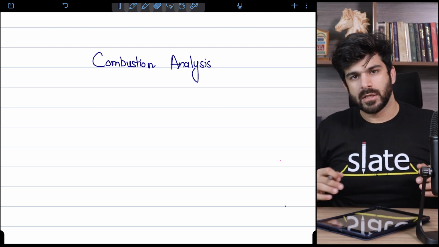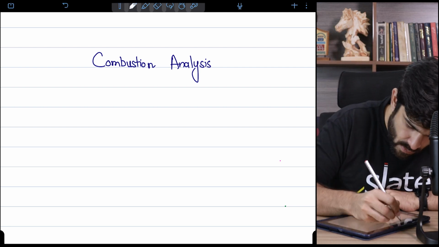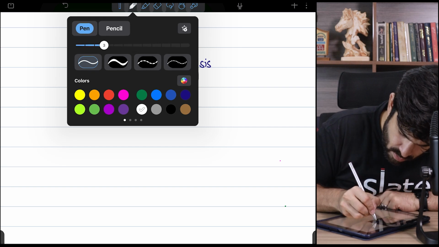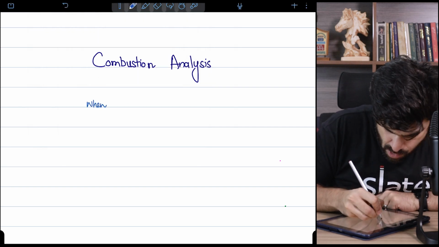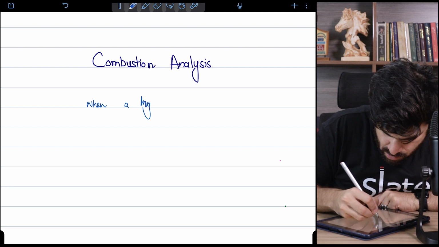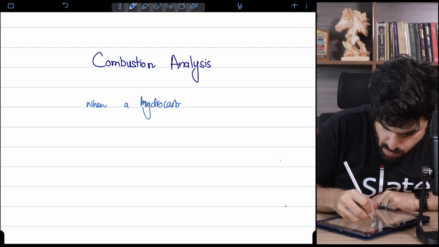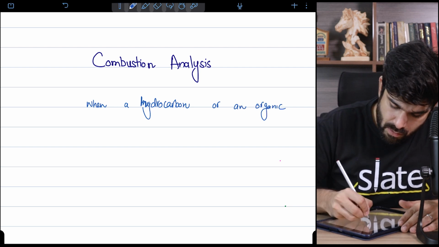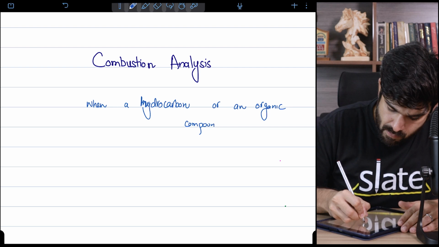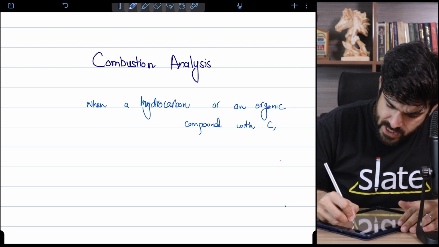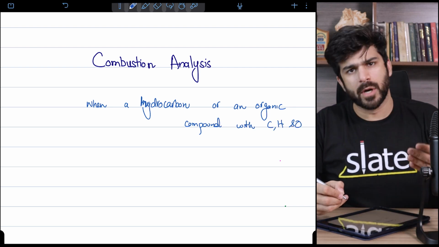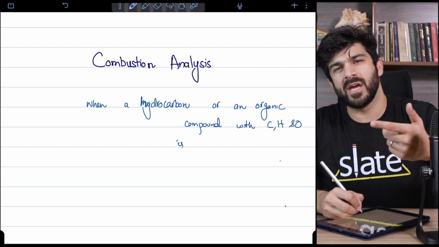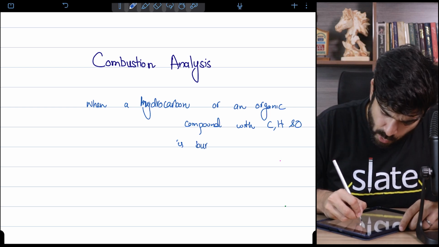So combustion analysis, if you remember, when we burn a hydrocarbon or an organic compound with C, H, and O in the presence of air or oxygen, what do we get?